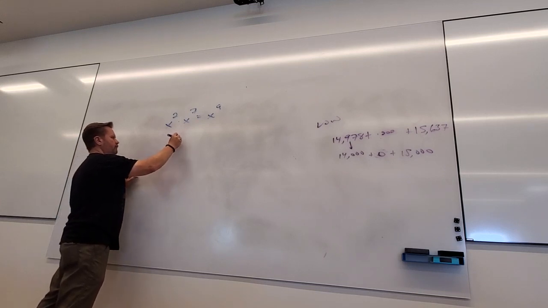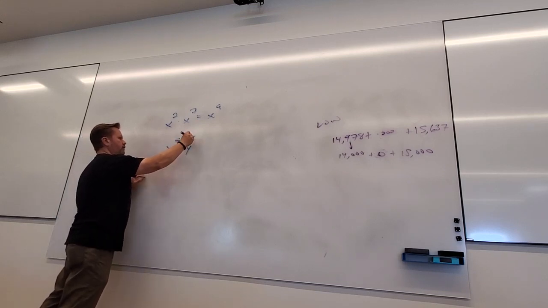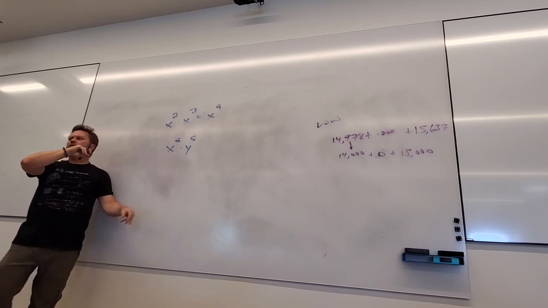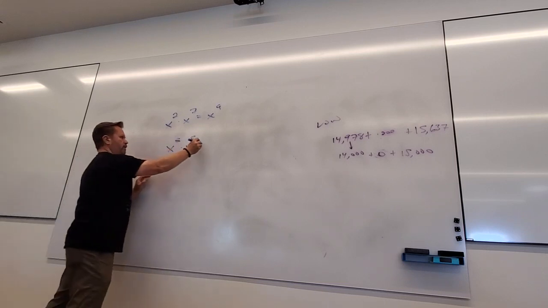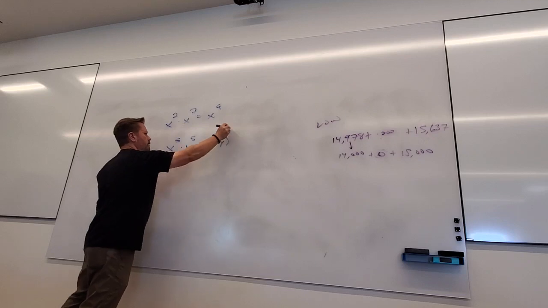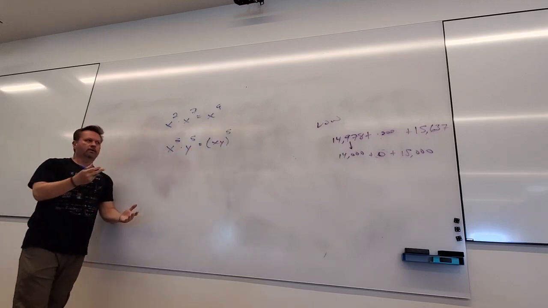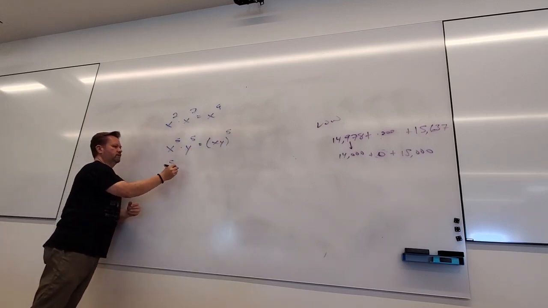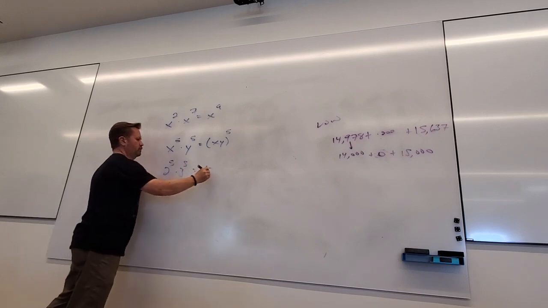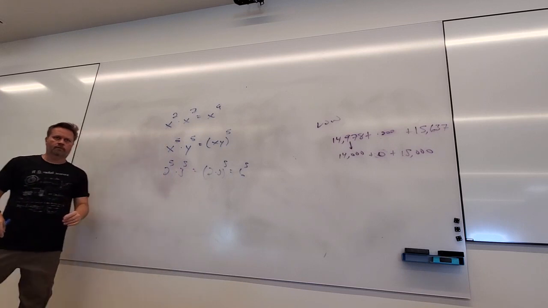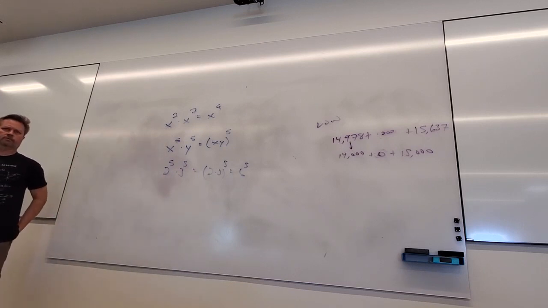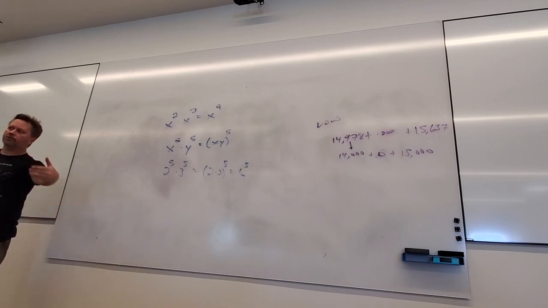If x to the 5th times y to the 5th, I can do something that seems very trivial. I can make it xy to the 5th, right? But that is all I am doing. So if I have 2 to the 5th times 3 to the 5th, that would be 2 times 3 to the 5th, which means I can make 5 6s. That's it. If I have an extra something, I just put it on the side.